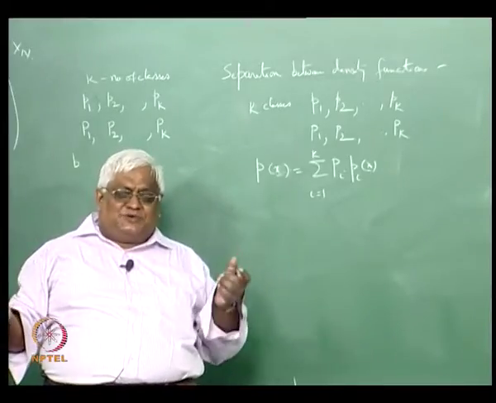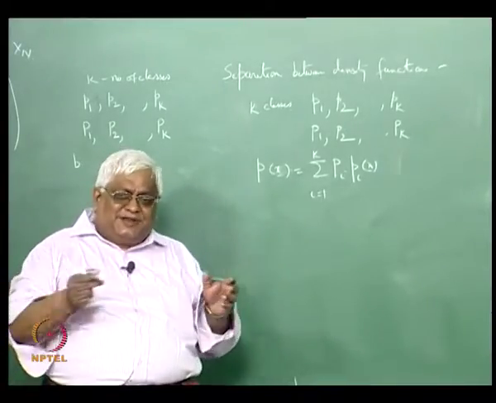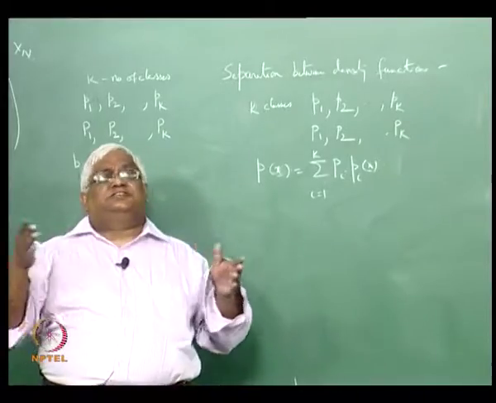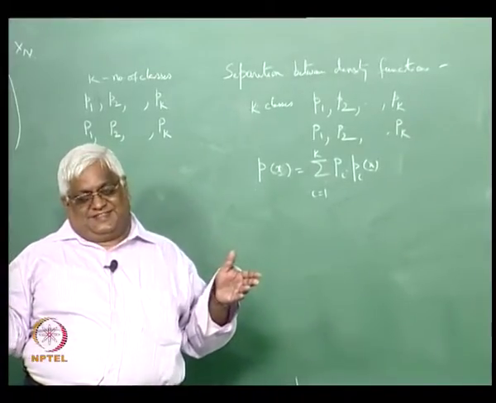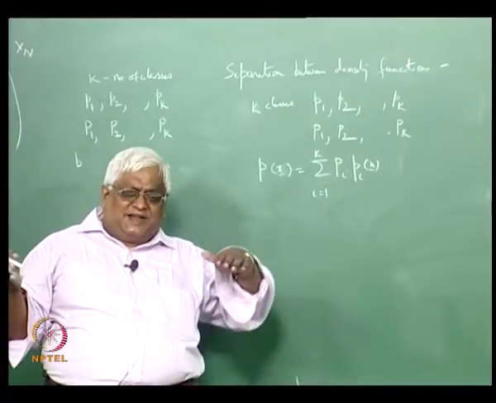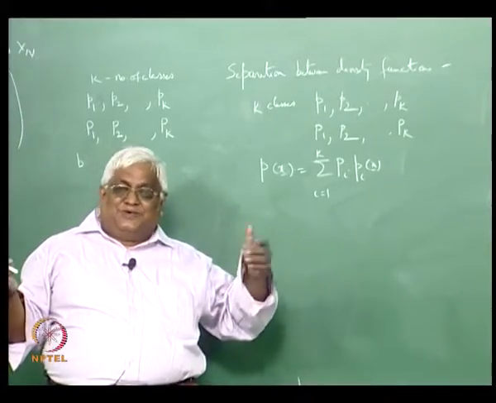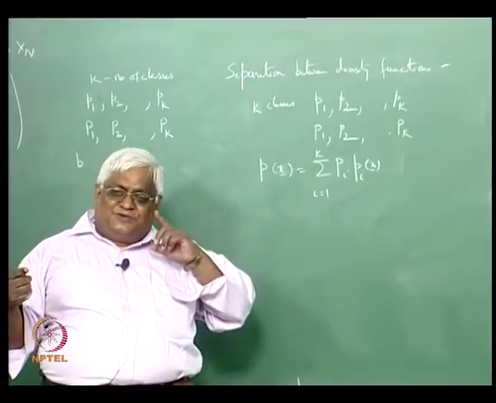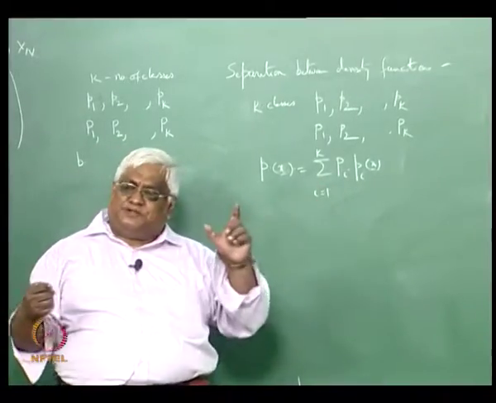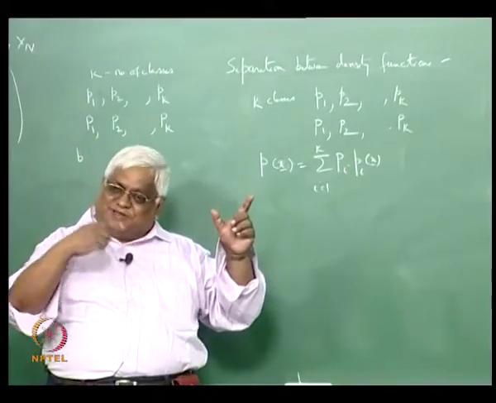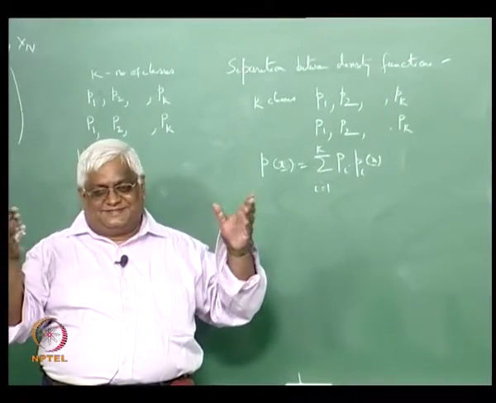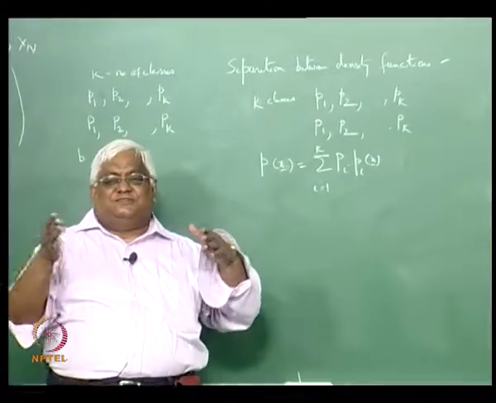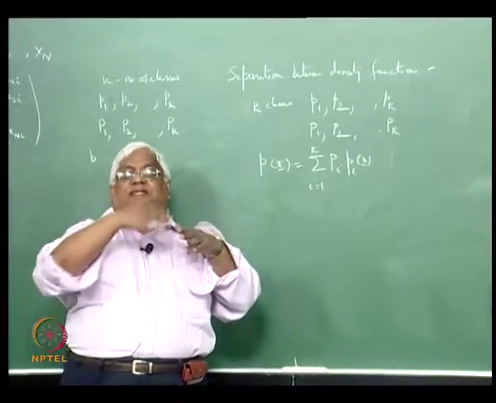And we are supposed to look at separation between any two such density functions, and whatever I did earlier, you do not need to look at the separation between any two such things, you always look at the separation of that function with respect to the mean and take the summation.